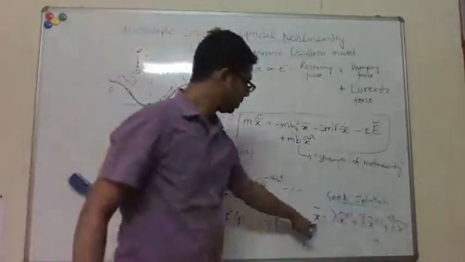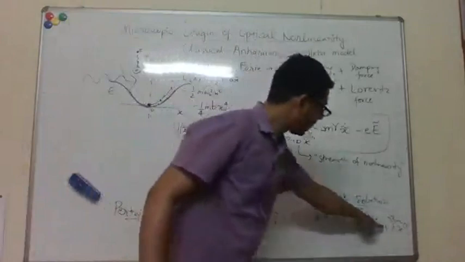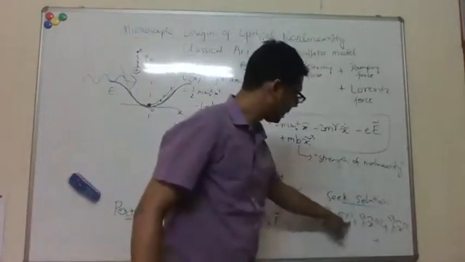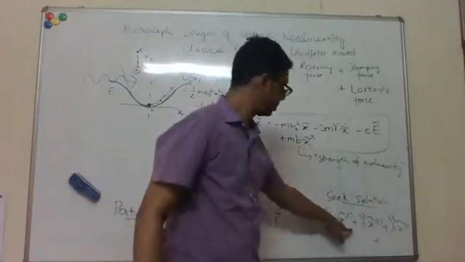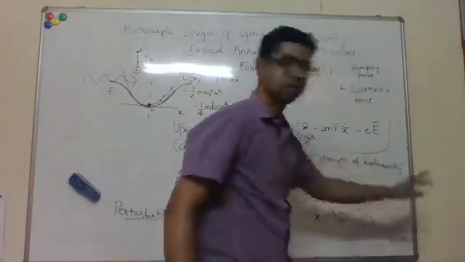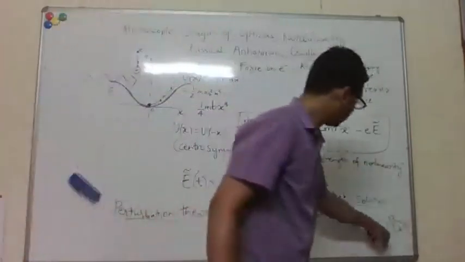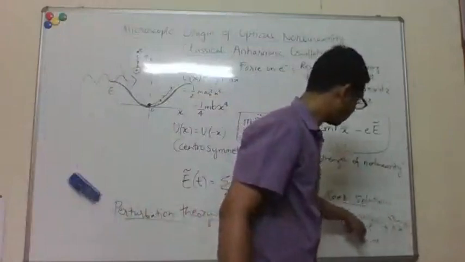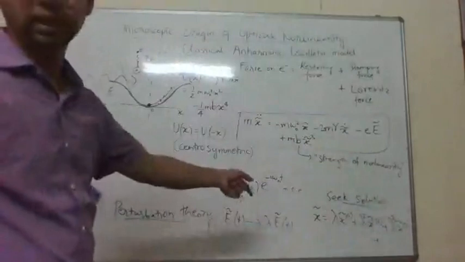So we seek solution for the position x as a power series in lambda. So lambda times some x1, that's the first linear term, then plus lambda square times x2 plus lambda cube times x3, and so on, right? So the higher order terms are scaled by higher powers of lambda, so they are higher orders in perturbation, right?